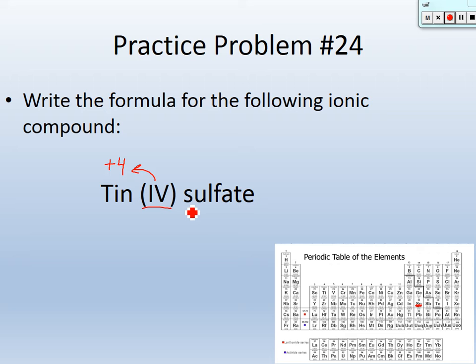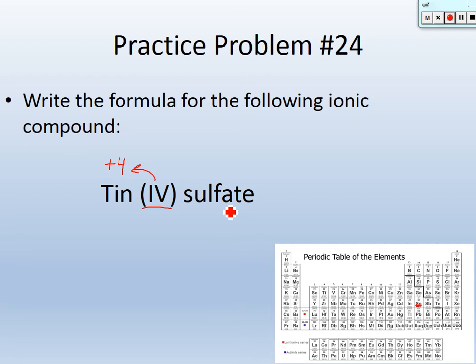Now, sulfate. You can look at a long time on the periodic table and you're never going to find sulfate. Guys, is this sulfide or is this sulfur? If it was sulfur right here, this would be called sulfide, right? So it's not on the periodic table. That tells us it's a what? Polyatomic ion.